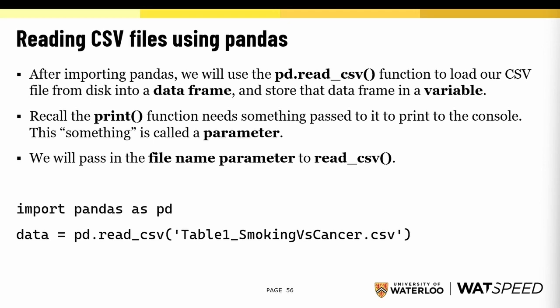We passed in our name as what was called a parameter. We need to pass in our file name as a parameter to this read_csv function. We'll talk more about what functions do in a future week, but for now, you can think of it as the way of asking a computer to do something for you.